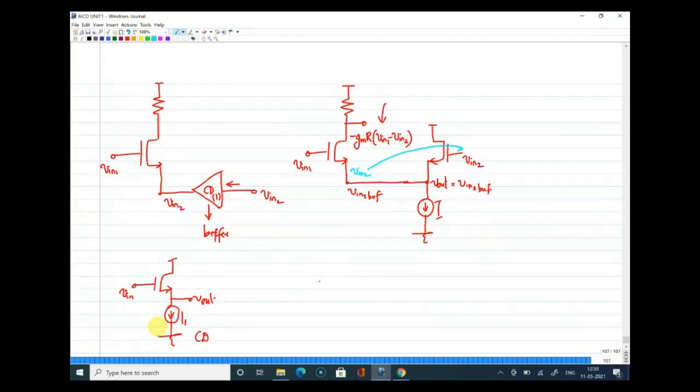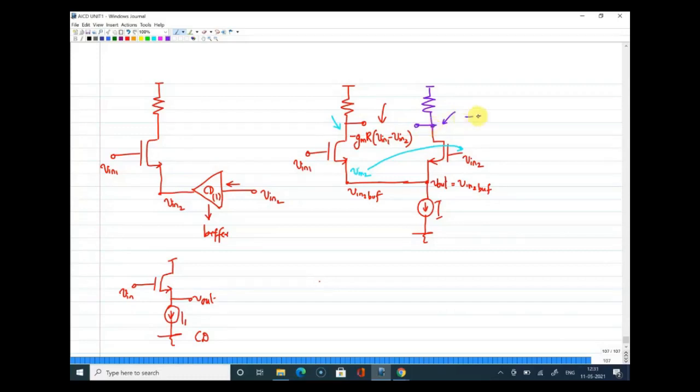Okay, one more addition to this. Now, if you know this voltage is minus gm R into V in 1 minus V in 2, say if I am connecting a resistance here in this fashion, and if I take output from this point, can you tell me what will be the voltage available at this point if both resistances are the same, R?